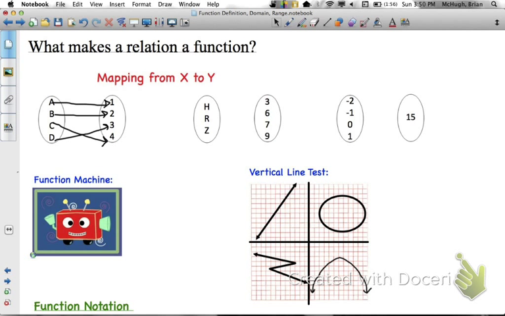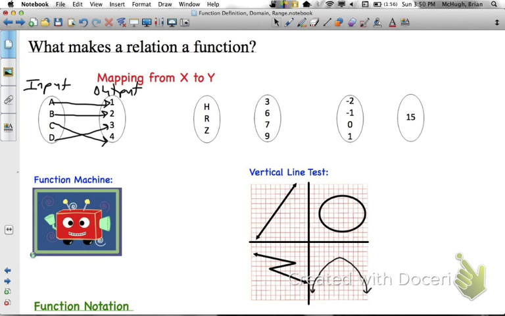It's simply taking something we might call input here and output here, and it relates the A to the 1, the B to the 2, the C to the 4, and the D to the 3. That's an example of the definition of a relation between two sets.